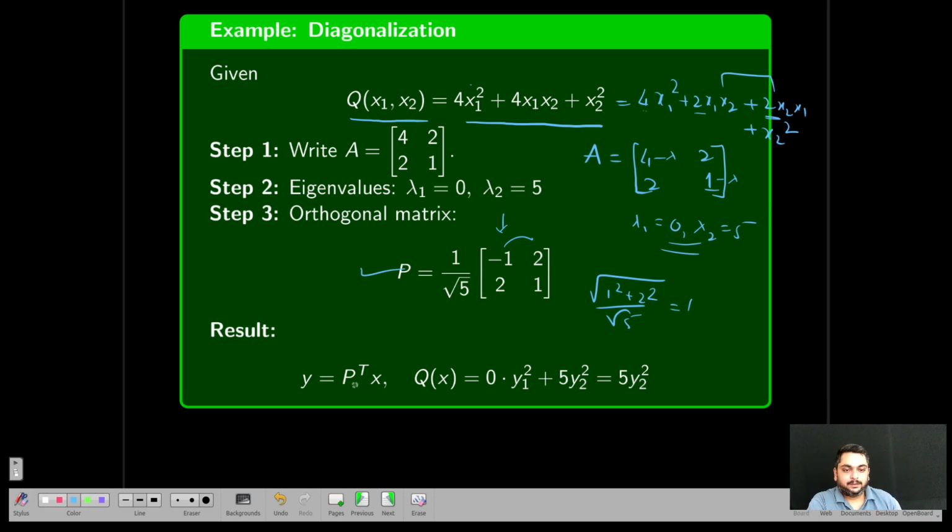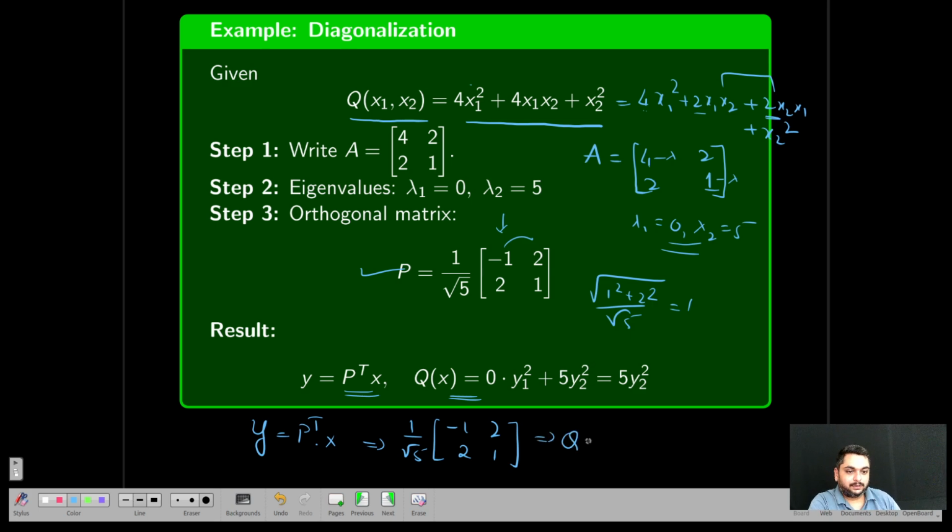So this is an orthogonal matrix. If it is an orthogonal matrix, how will I form my equation? Y is equal to P transpose into X. So take the transpose of this and then substitute those values. What is P transpose? 1 by root 5 into minus 1, 2, 2, 1.